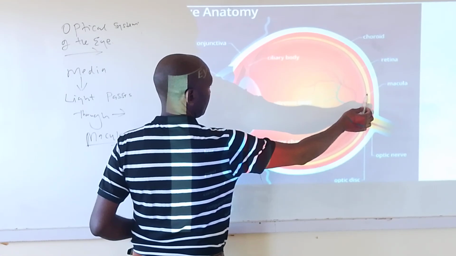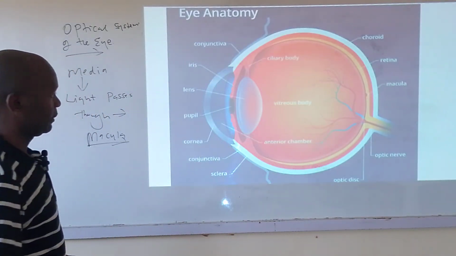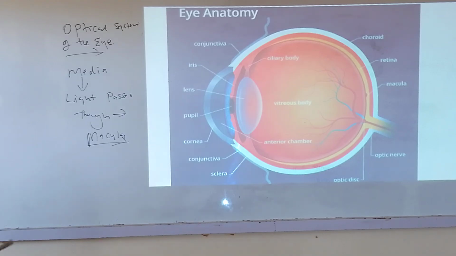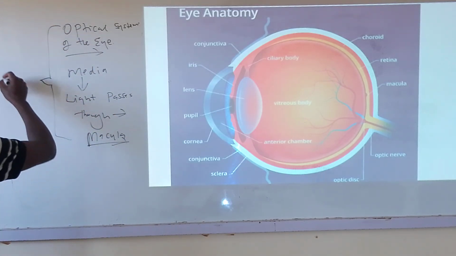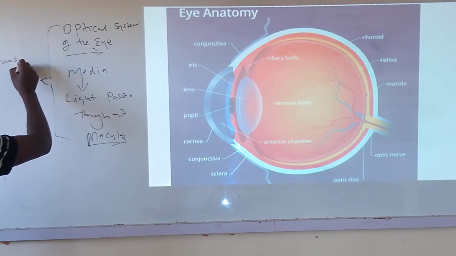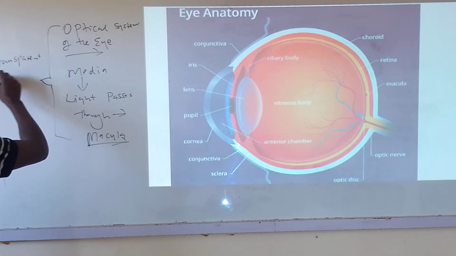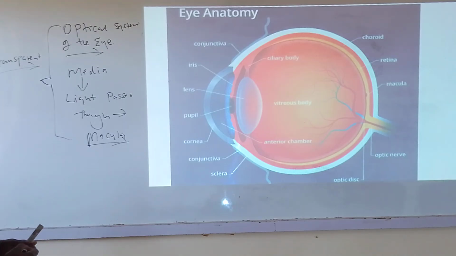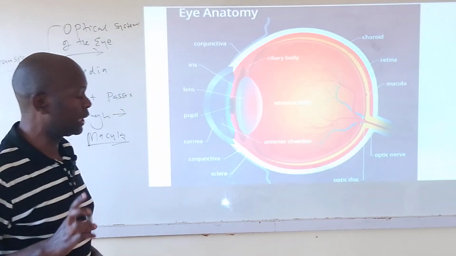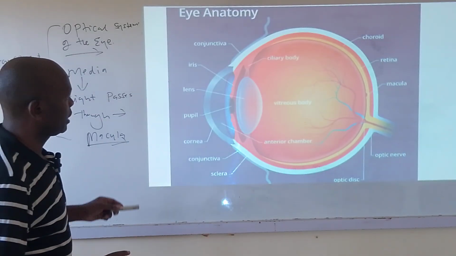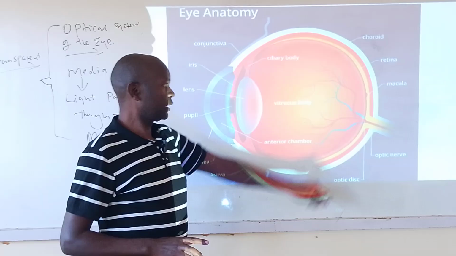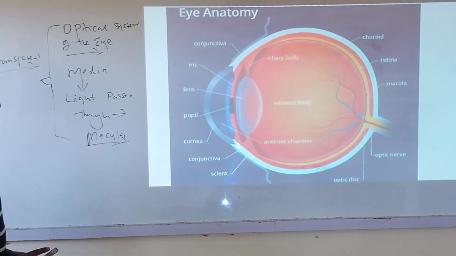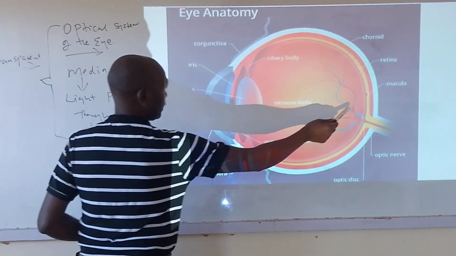The macula is just here on the retina. So the optical system must be transparent for it to allow light to pass through. For you to see, there must be light, and light must pass all the way from the environment through the eye up to the macula on the retina. The macula is right here.